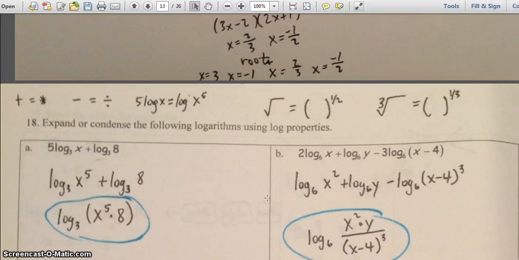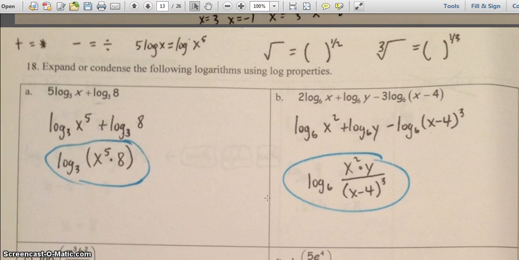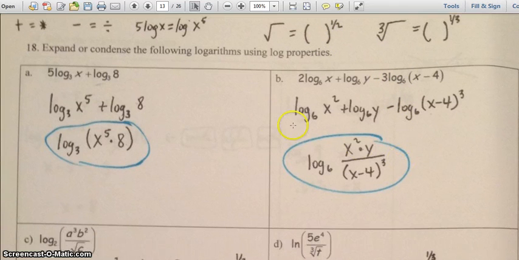Number 18 is just like number 10. Properties are still the same. Plus becomes multiplication, minus becomes division. If there's a number in front of the log, it goes back as the exponent on the inside. If you have a square root, it's the same as something raised to the 1/2. If you have a cube root, it's the same as something raised to the 1/3.